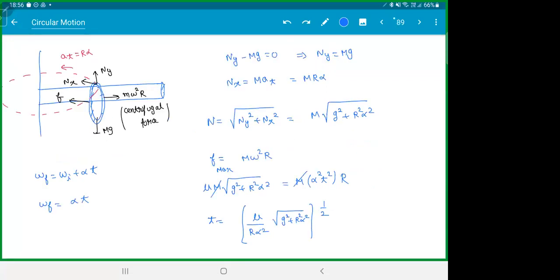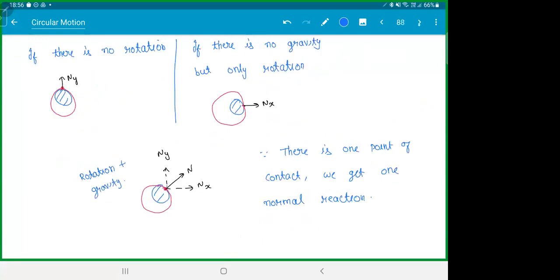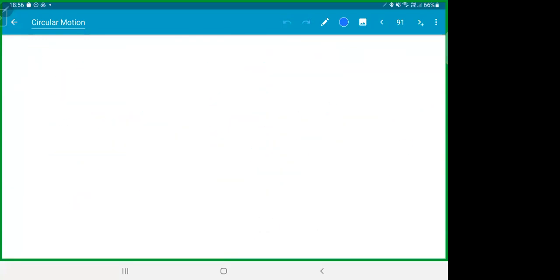Next one. So those are some of the questions on non-uniform circular motion. The next one is radius of curvature. What is this radius of curvature?